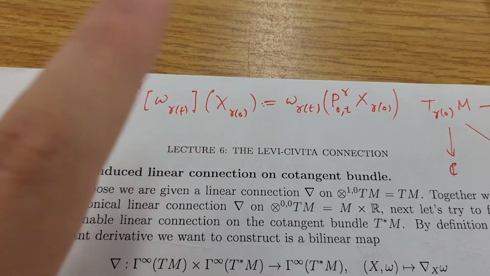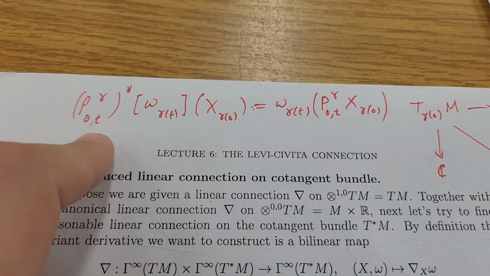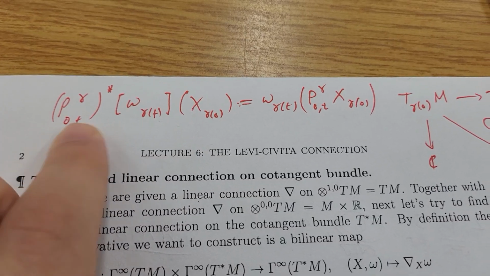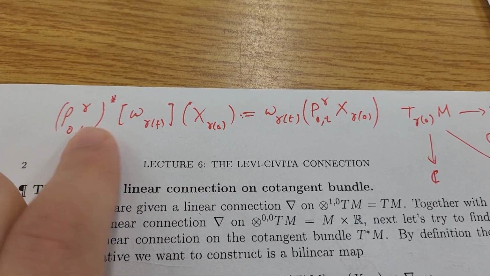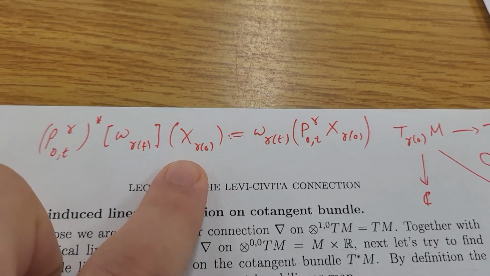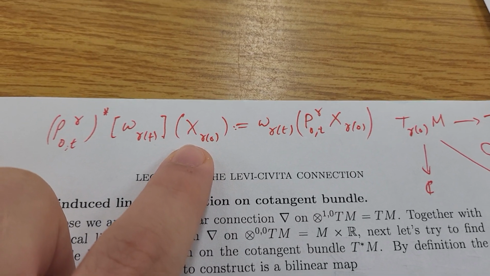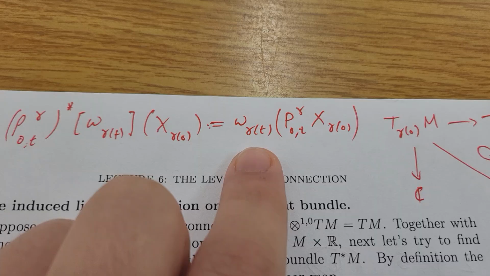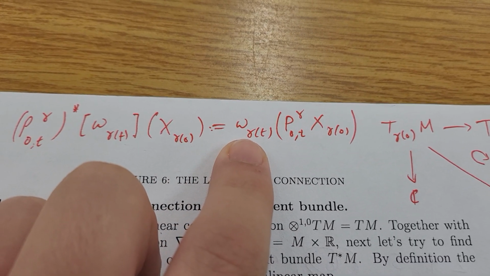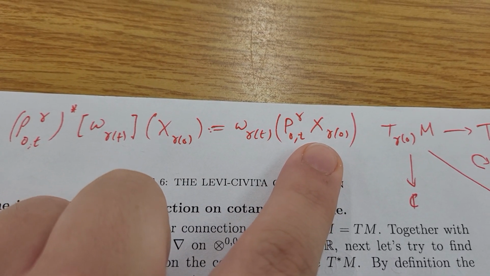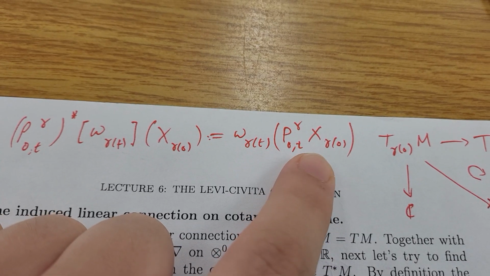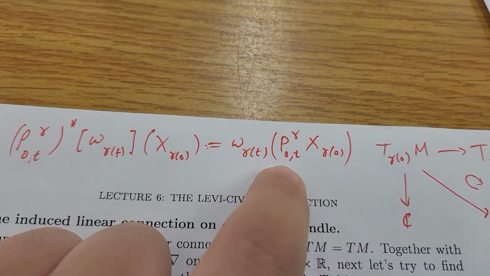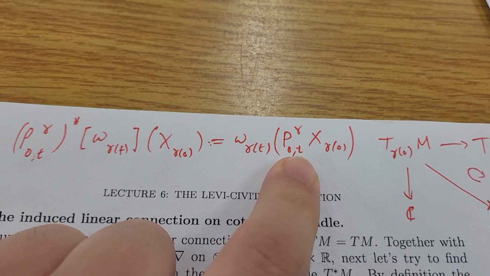this takes in a one form, P star of omega at gamma of t, and now we're claiming that this is a one form at the cotangent space at gamma of 0, so it should eat a vector at gamma of 0. And what is this expression? Well, this is just omega at gamma of t evaluated at the parallel transport of this vector x at gamma of 0 to the point gamma of t.